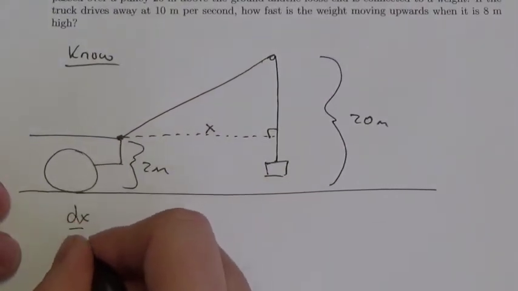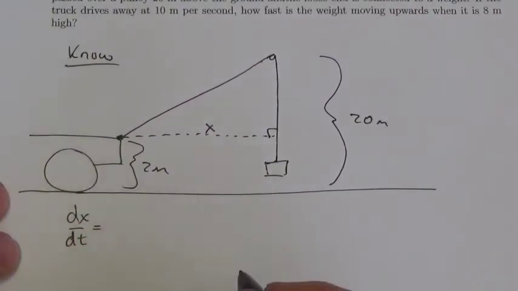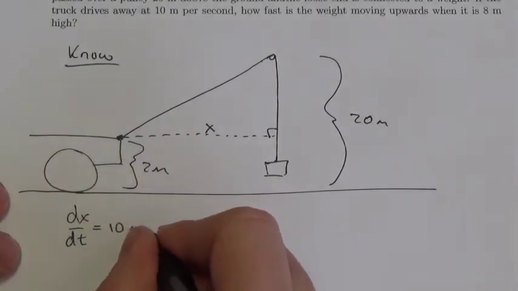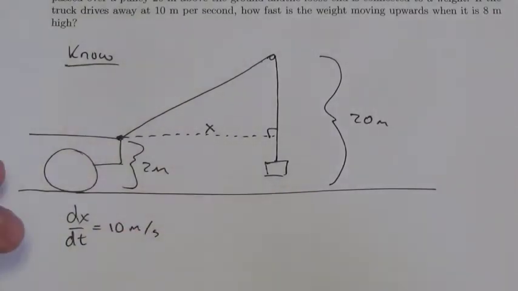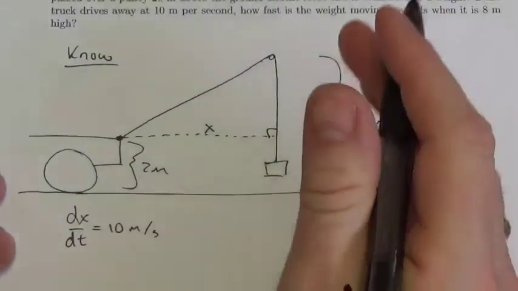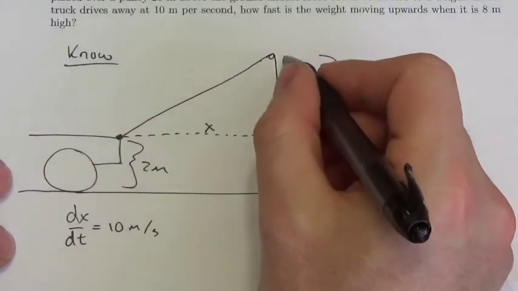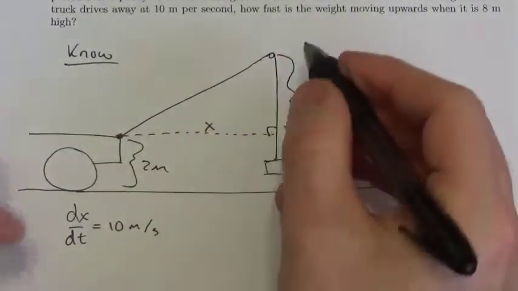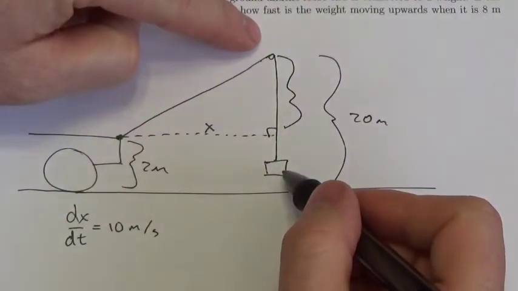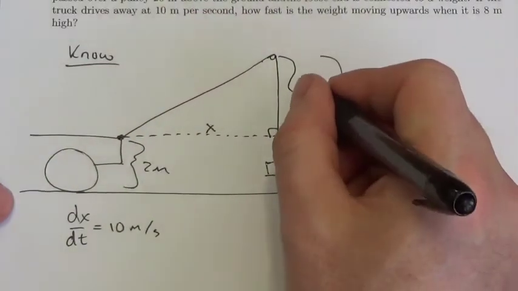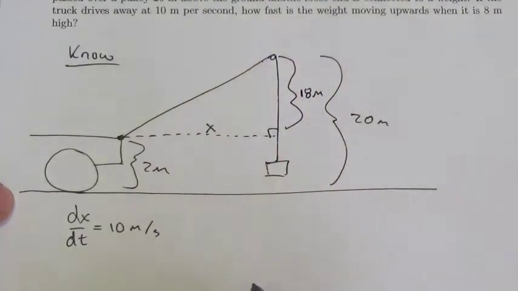And so dx/dt is going to be how fast the truck is moving. And we know that the truck moves away at 10 meters per second. That's quick. Now, this is going to fly up here. But actually, this distance right here in this diagram, not the distance to the weight, don't worry about that, but the distance from the pulley to here, this is actually going to be 18 meters, and that's going to stay constant.